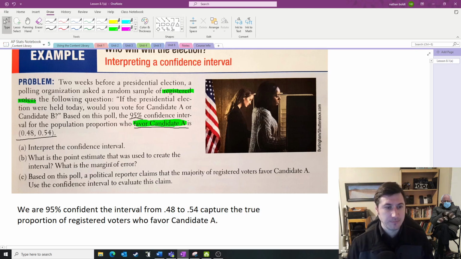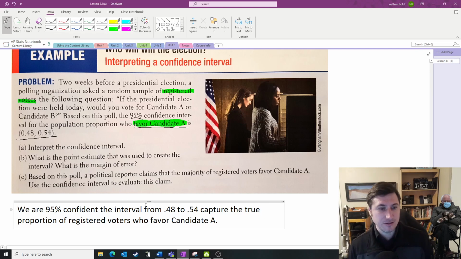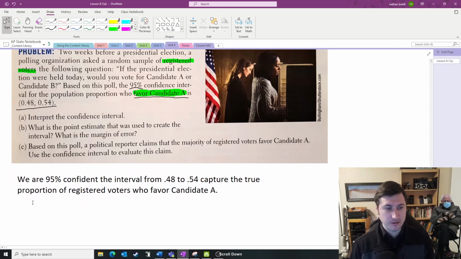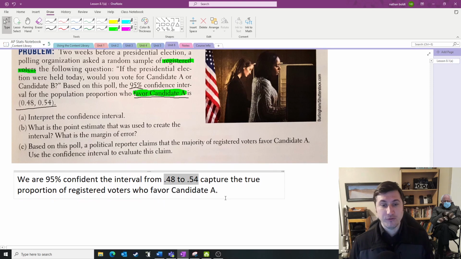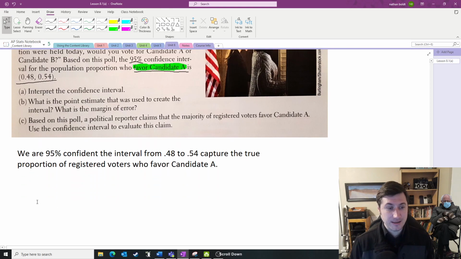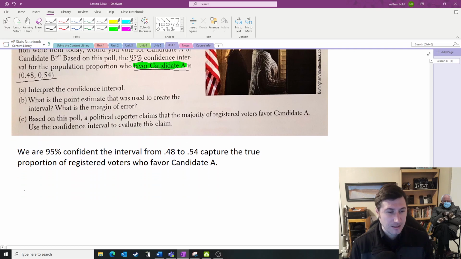All right, next. What is the point estimate that was used to create the interval? And then what is the margin of error? We have the interval from 0.48 to 0.54. What was the actual point estimate? Again, in my mind, I think of the picture. Here's our point estimate.